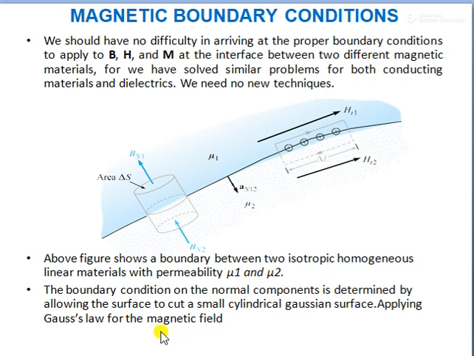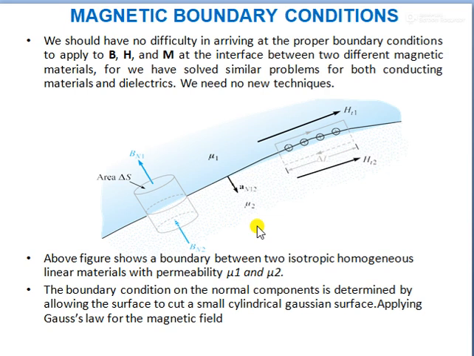Now applying Gauss's law for the magnetic field, we know that the integral over a closed surface of B dot ds is equal to 0. This B dot ds must be evaluated over the three surfaces of this Gaussian surface: the top surface, the bottom surface and the lateral surfaces, that is, the side surfaces.